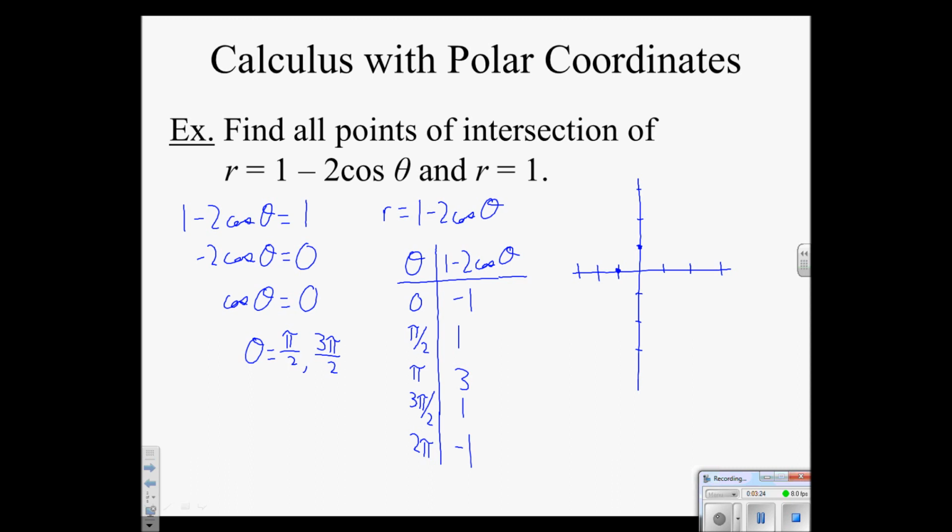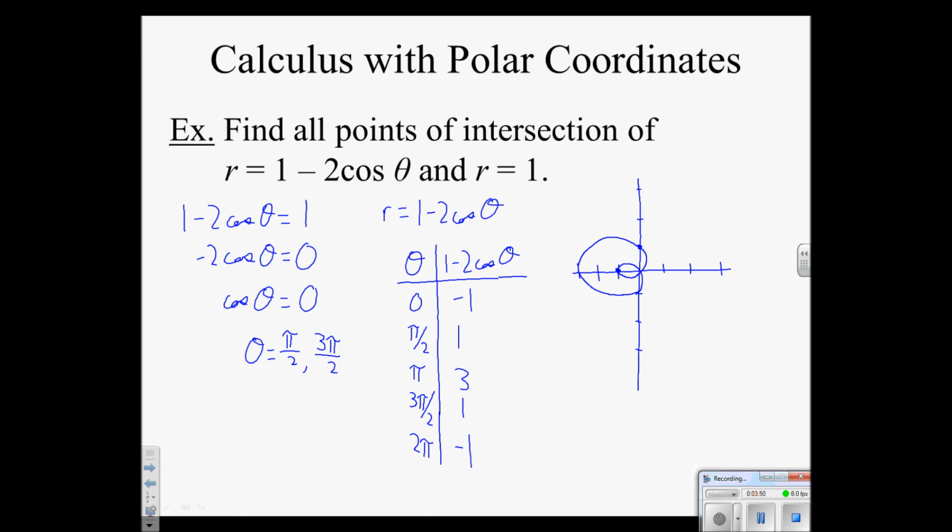So as theta is increasing, that negative 1 is slowly going down to 0, and then coming up here to 1. As theta goes from pi over 2 to pi, my radius is going out to 3. And then my radius will come back to 1, and then eventually go back to negative 1. So we're getting this shape.